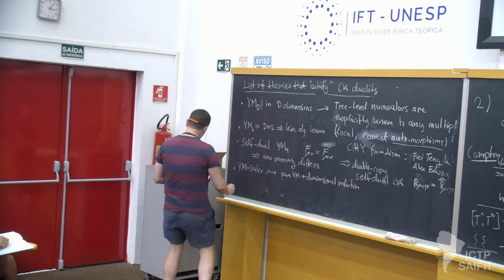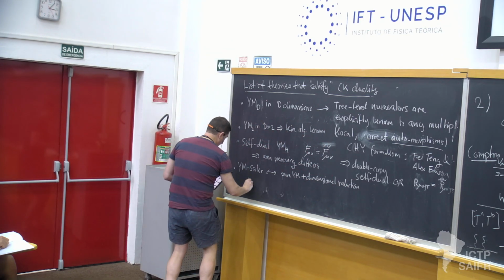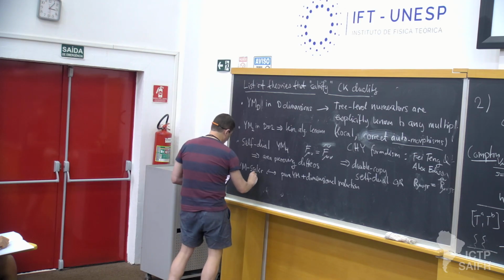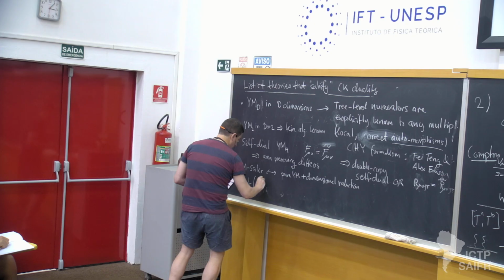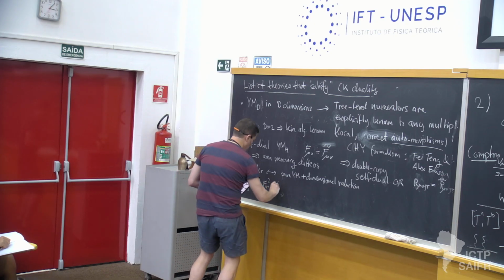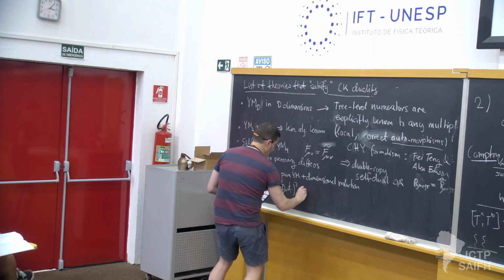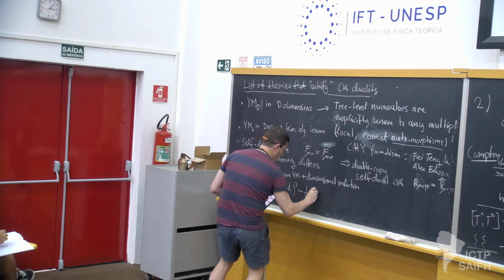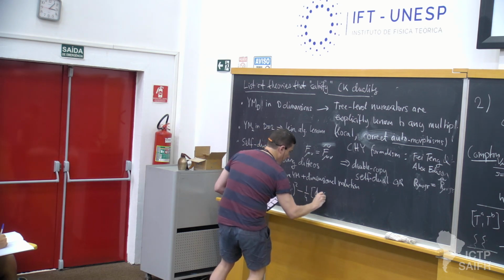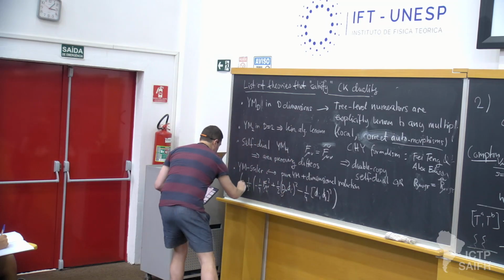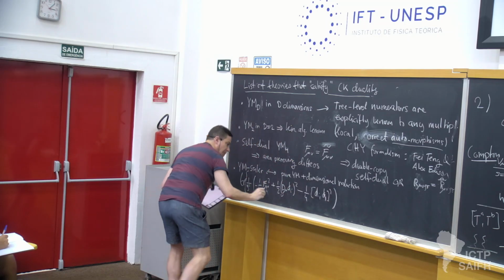And then, of course, you're going to get a theory which has both scalars and gluons. So you're going to get this thing here. And everything is in the adjoint. So that's one big trace over everything.